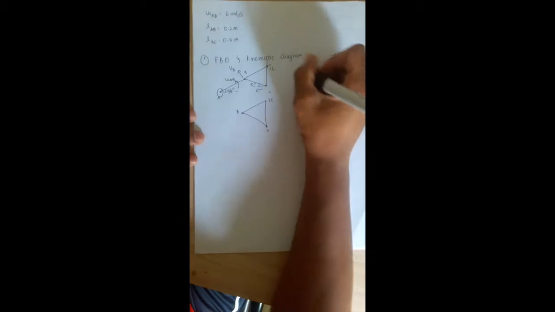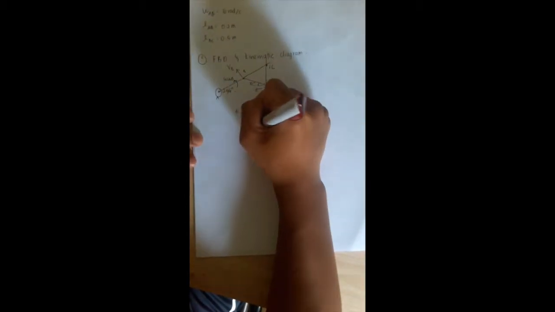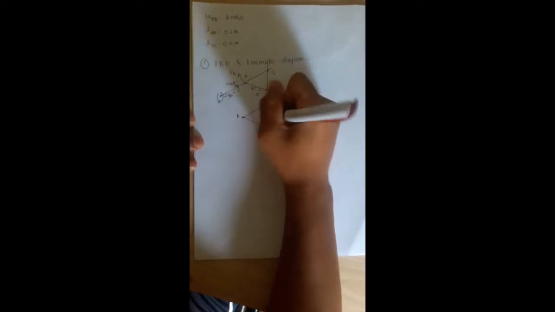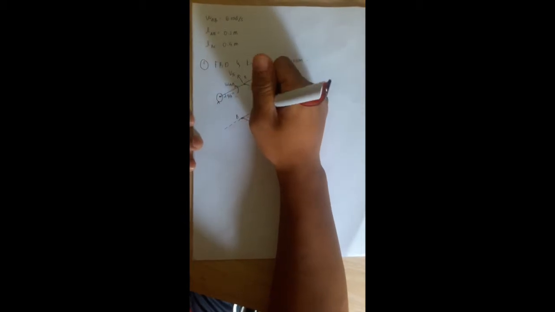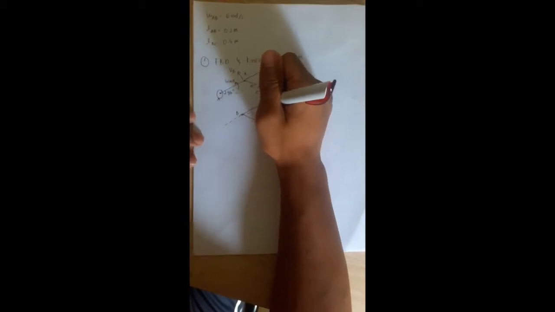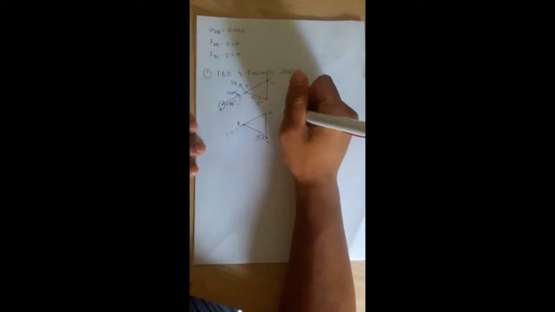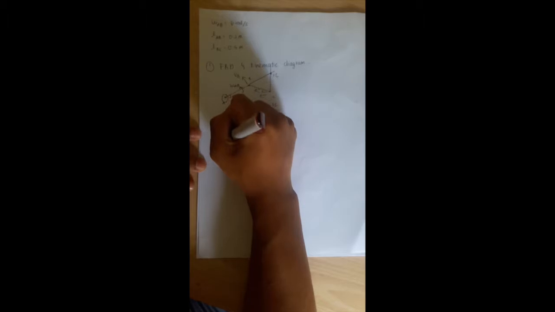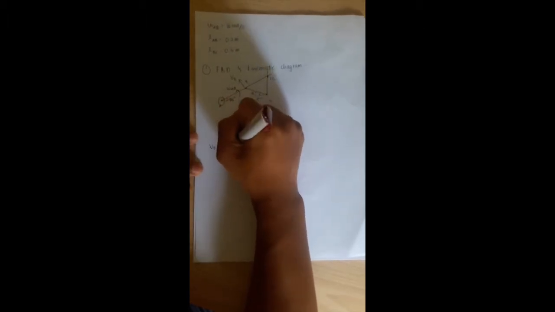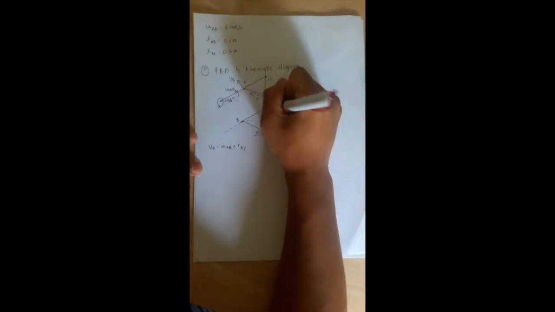Now, let's move on to question B. To answer question B, which is to find the velocity of block C, how do we find that? First of all, we can use the formula VB equals omega AB times RB relative to IC.